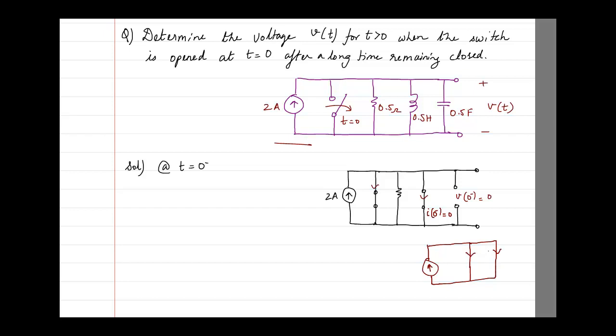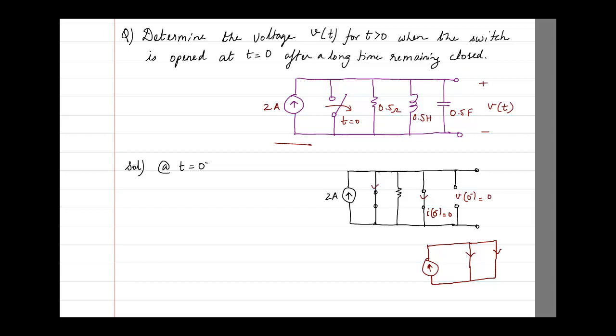Well, the answer lies in the fact that the inductor is going to be fully discharged once the switch is closed. Both the inductor and the capacitor will totally discharge. I could have drawn this as an open circuit also, because of which the current would have been totally 0. But I am just following the textbook and drawing it as a short circuit path, but there will be no current flowing through the inductor.